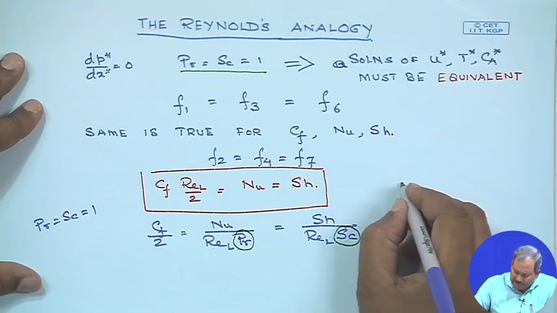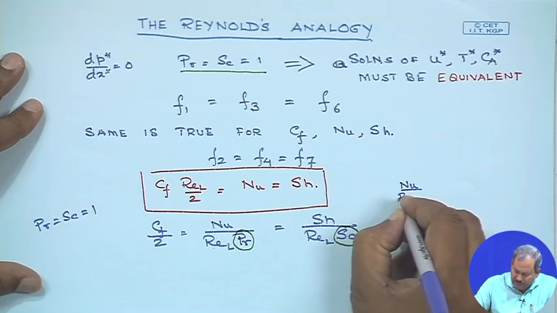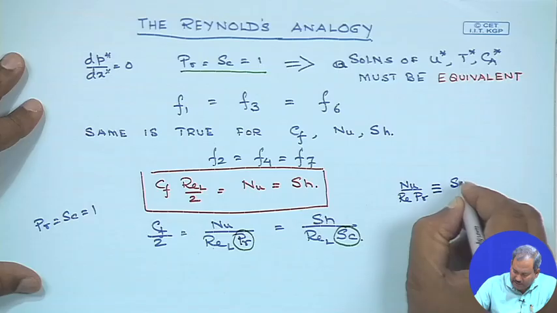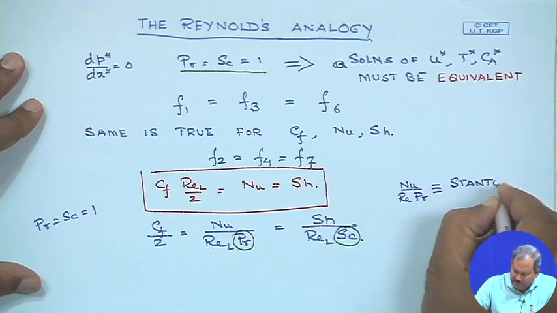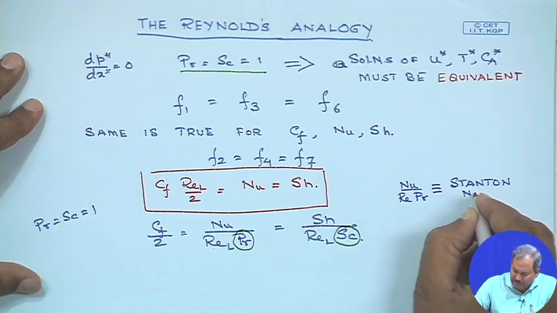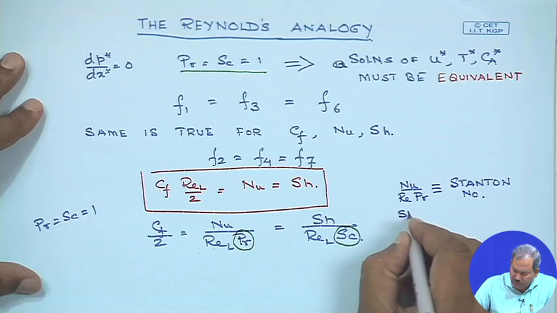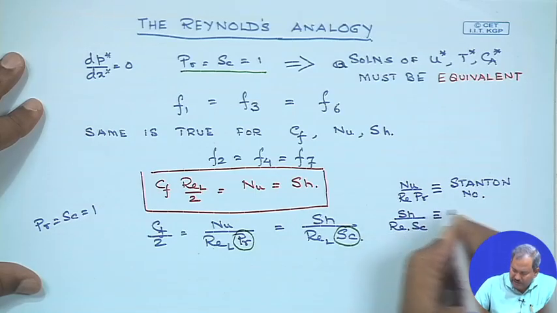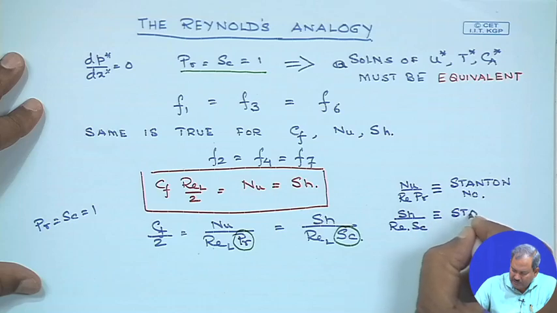And this Nusselt by Reynolds times Prandtl is called the Stanton number, and Sherwood by Reynolds Schmidt is again also called Stanton number.